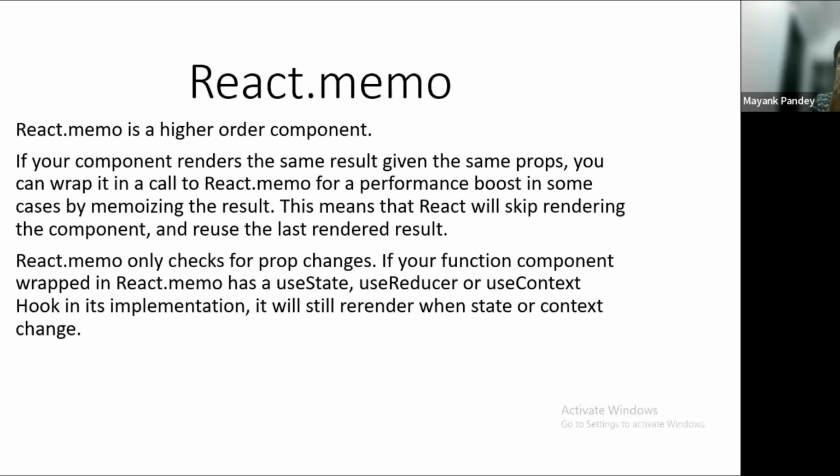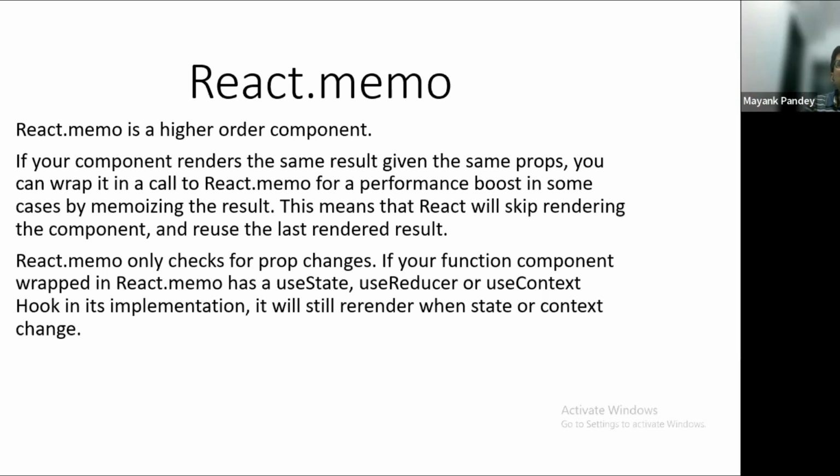So in class components, we can handle these things either using PureComponent or the shouldComponentUpdate method from the different phases we have, like the update phase. In the update phase, we have the method called shouldComponentUpdate that is used to handle these things.